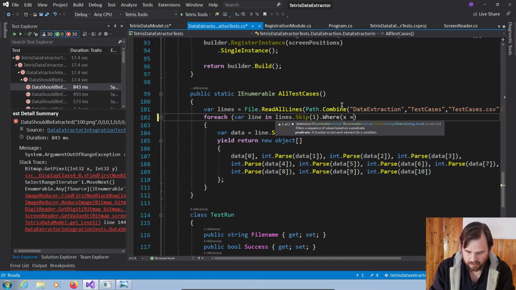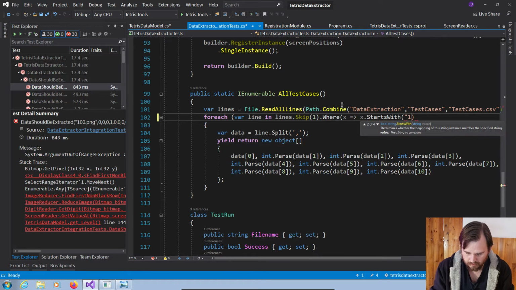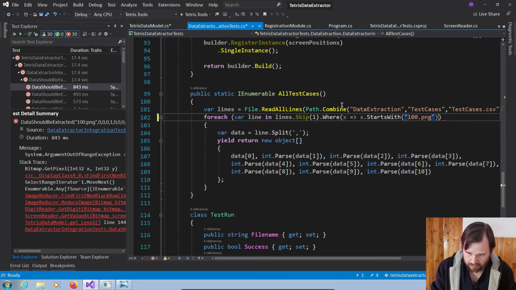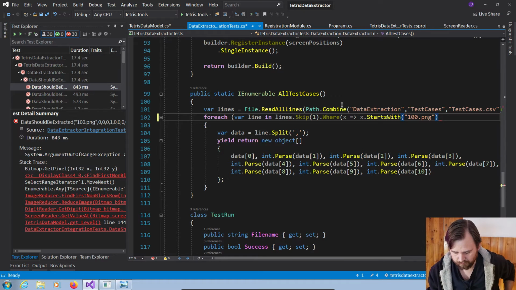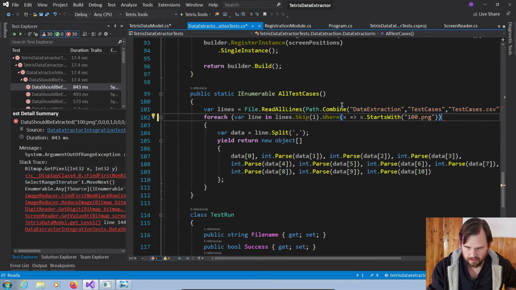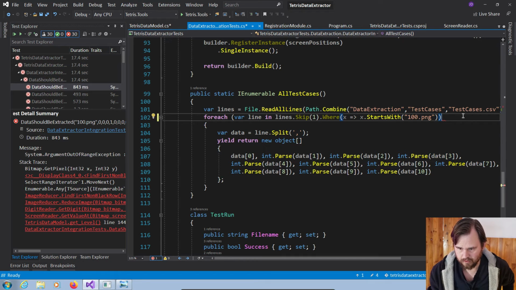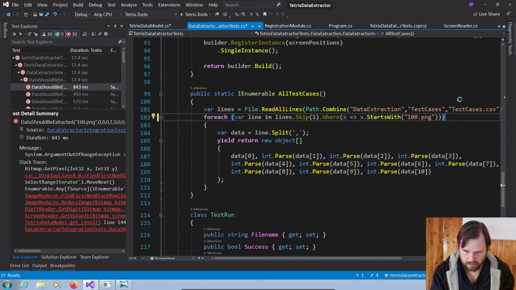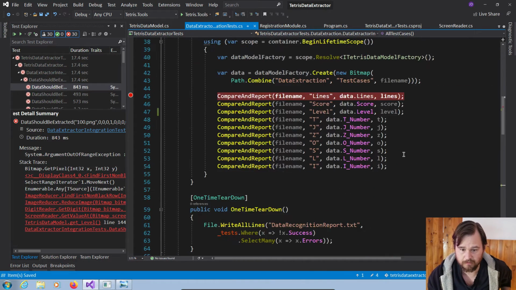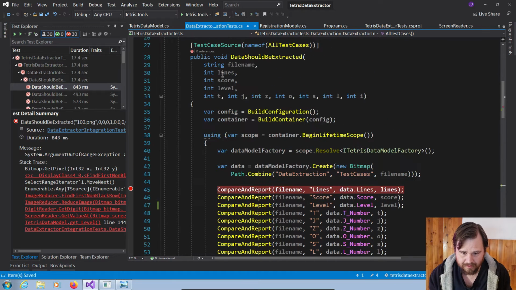I think I'm going to go down here, and we're just going to do the first one, the one starting with 100 PNG. So we'll only run the test for the one screenshot, which we've seen before, but now we're running against our borked algorithm. So it is new.